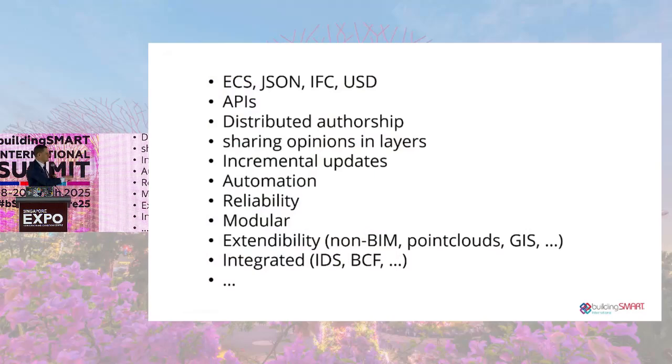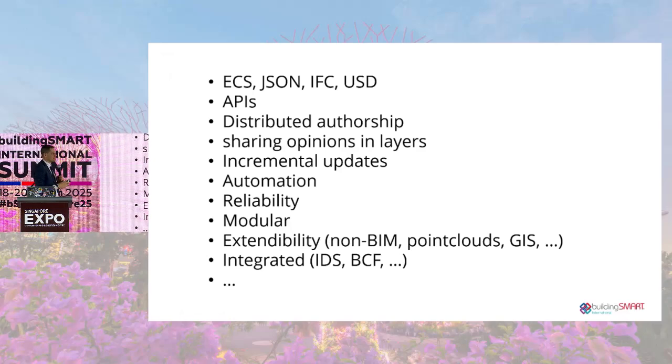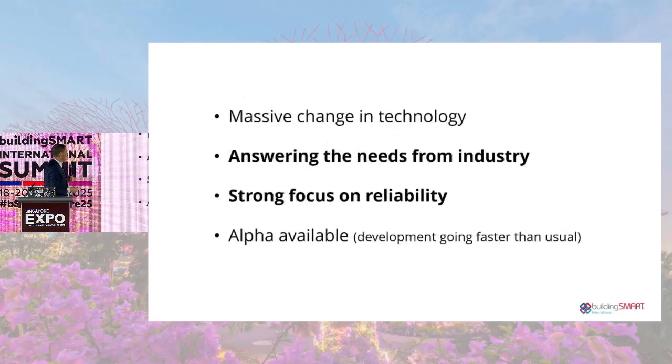So all of this, ECS, JSON, APIs, all of this new technology will be working under the hood. Most of your team won't see it, but these are the new technologies that will unlock all of these new use cases. It's a massive changing technology, and changing technology is always scary, but I really want to emphasize that this is answering the needs of the industry.